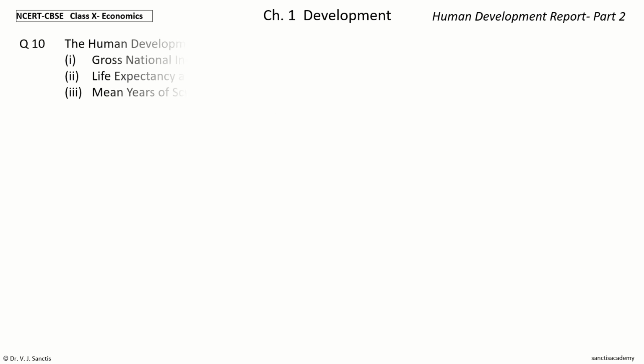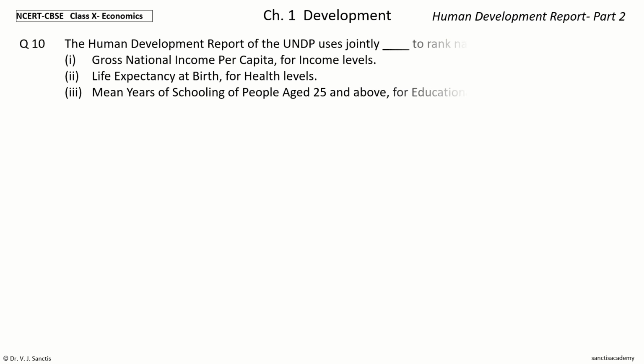Next question, number 10. The Human Development Report of the UNDP uses jointly dash to rank nations. Number 1, gross national income per capita for income levels. Number 2, life expectancy at birth for health levels.